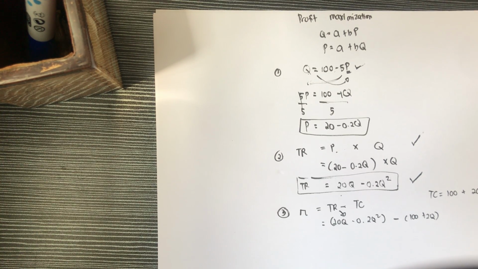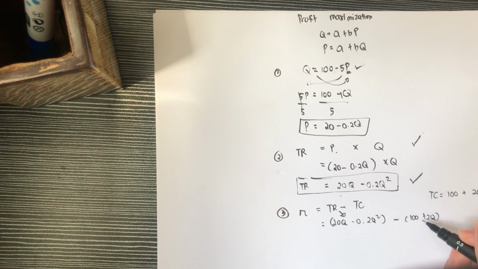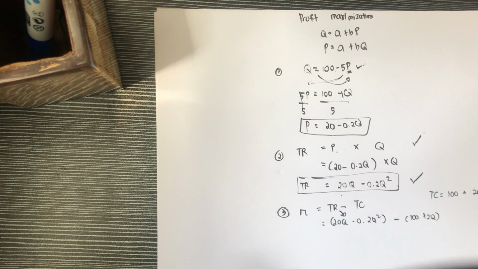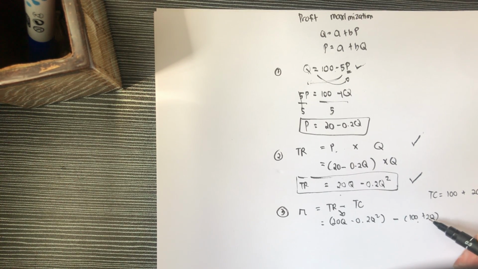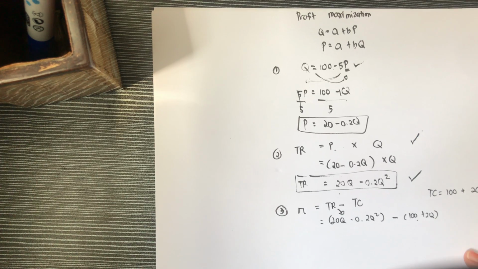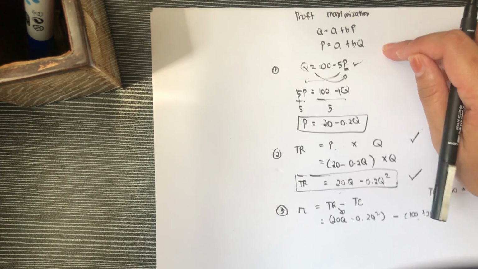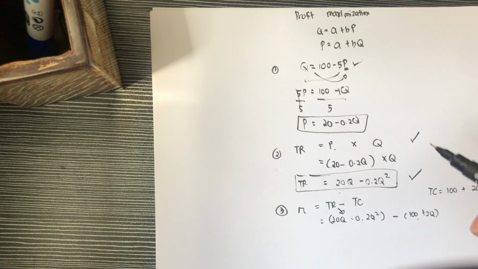You might end up writing negative 100 plus 2Q, when in fact, if you enclose it in a parenthesis, the negative sign will be distributed to the 100 and the 2Q. This will become negative. And this is the reason, class, why we are not using the regular demand function and why we're using the inverse one.